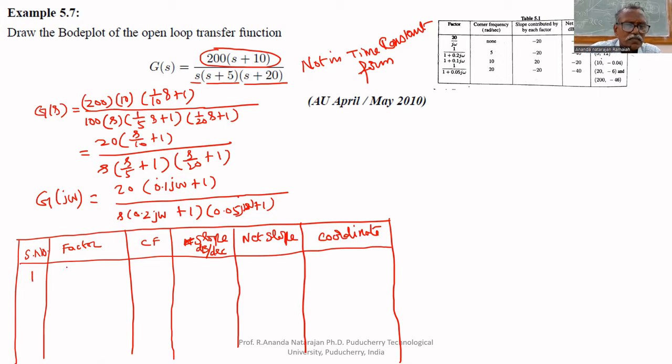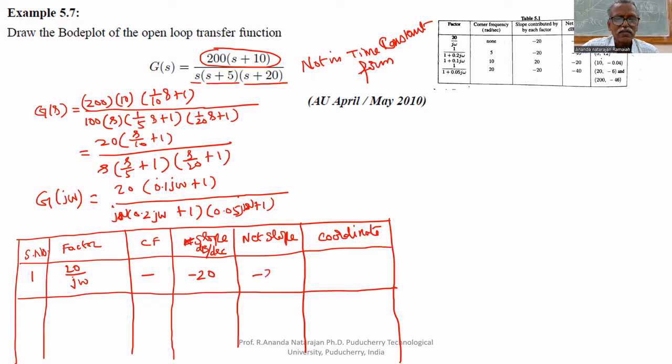The first factor is 20 upon jω. No corner frequency. The slope is, it is in the denominator, that's why minus 20 dB per decade. Net slope also minus 20 dB per decade.